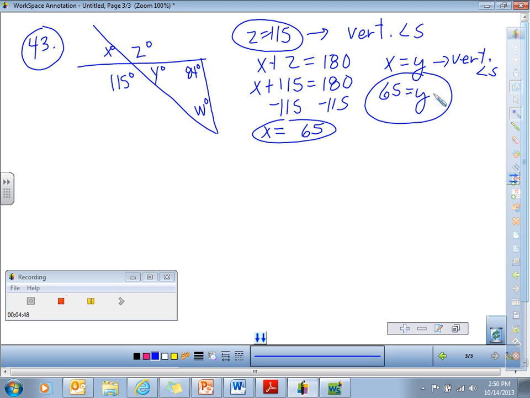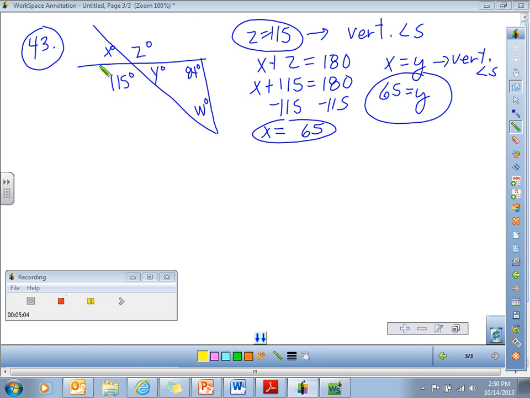And how do you find W? Okay, there's a few ways you can look at this. I want to use the exterior angle theorem, or the exterior angle of the triangle. This is 115. Do you see that that's on the outside of this triangle here?